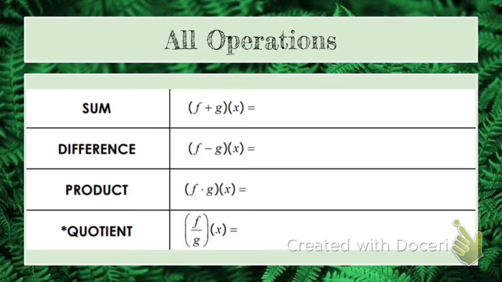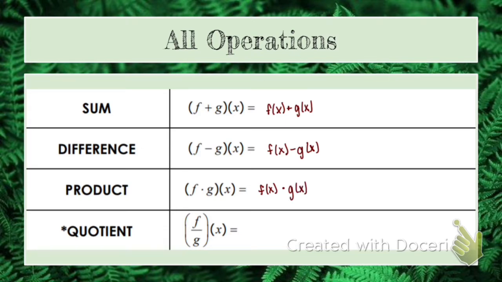So along the same lines, we want to look at this kind of backwards. If we have f plus g of x, that is the same as saying f of x plus g of x. And then f minus g of x is the same as saying f of x minus g of x. And f times g of x is the same as f of x times g of x.